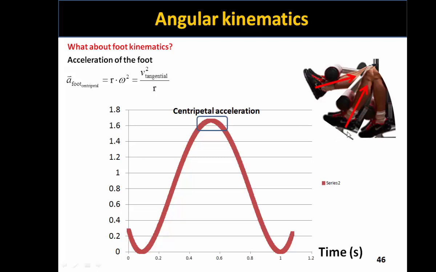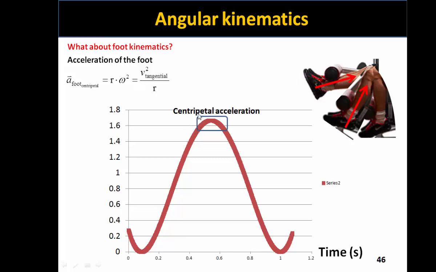So they balance each other. And this is going to be a function of the angular velocity. Once again, r is going to be a constant here, but the centripetal acceleration is a function of the angular velocity of the knee or the linear velocity of the foot. These two equations can be used interchangeably.